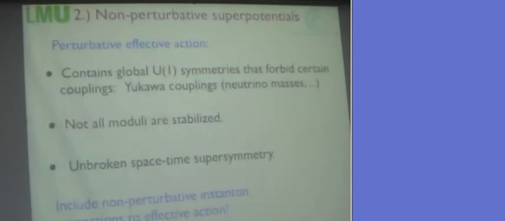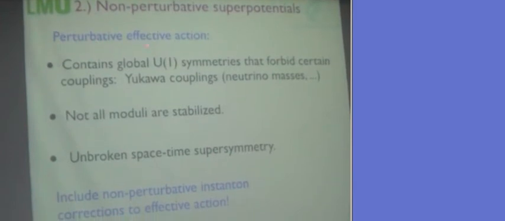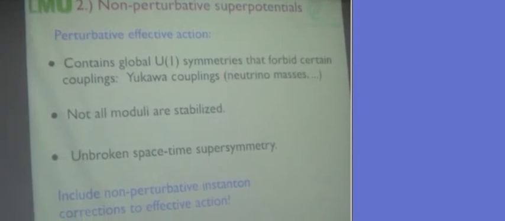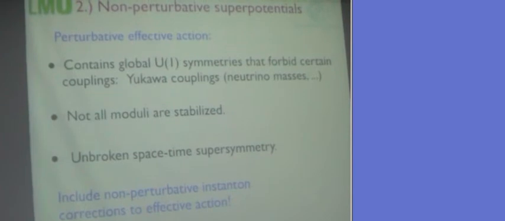Okay, so this was, in short, part of the perturbative story, and now let me proceed to discuss non-perturbative parts of the effective action, namely the non-perturbative superpotential. Just to motivate this, if we go back for a second to the perturbative effective action, usually it contains global U(1) symmetries, also global U(1) symmetries from massive U(1)s, which are broken essentially by the Stückelberg mechanism, but U(1) always perturbatively remains as a global symmetry.